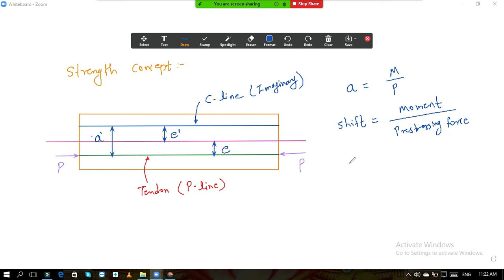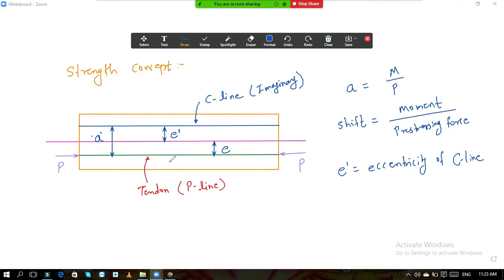If I want to calculate the eccentricity of the C line from the centroidal axis, e dash is the eccentricity of the C line. The C line is the imaginary line, and it represents the force in the concrete.